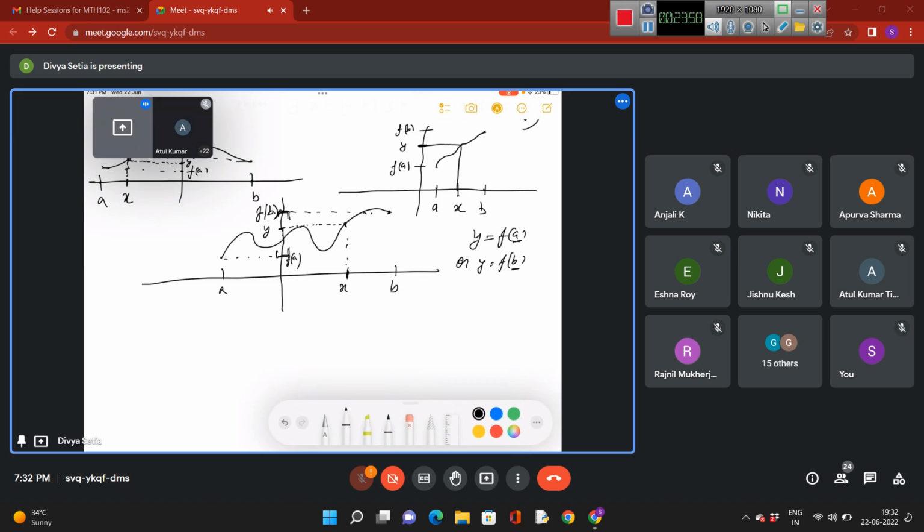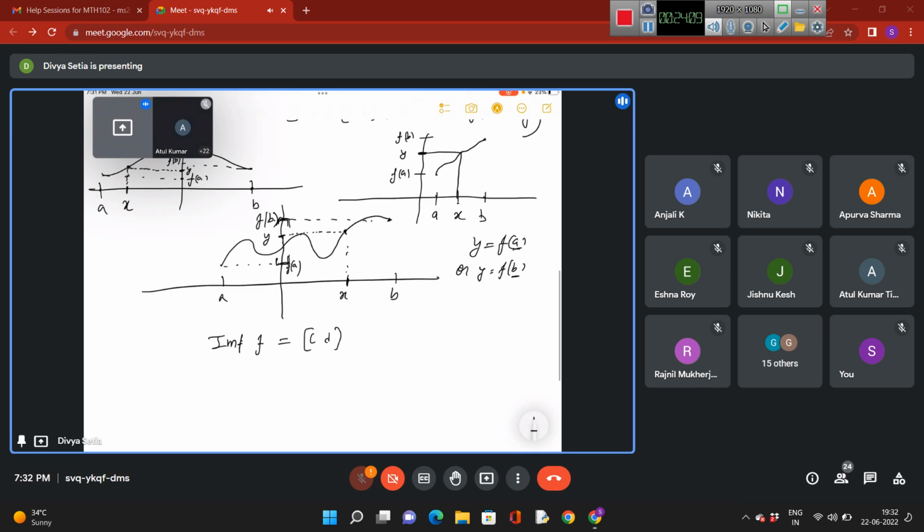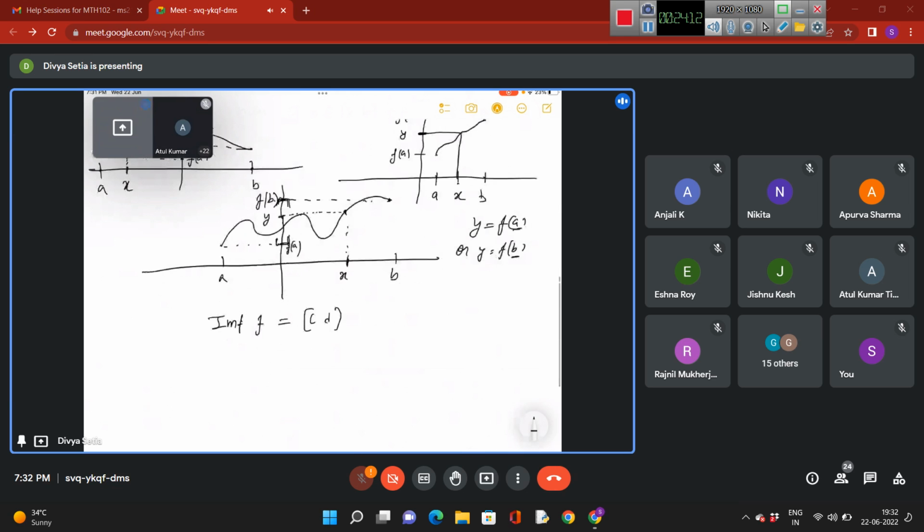Fine, but still you need more. You still need more theory to prove that the image is just of this form. These two theorems are not sufficient to prove this right now.